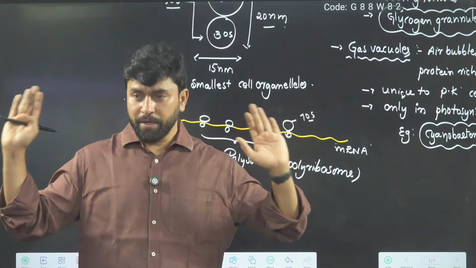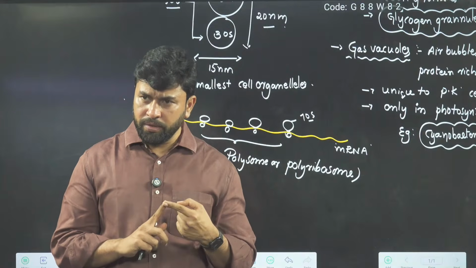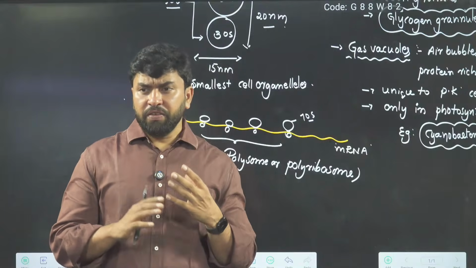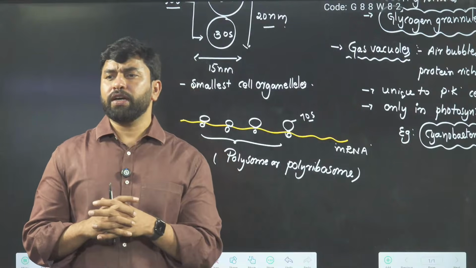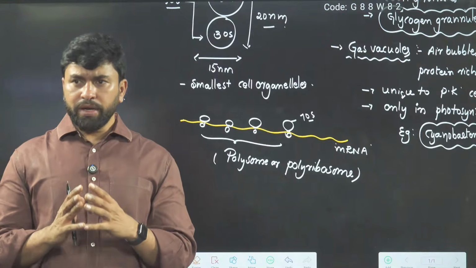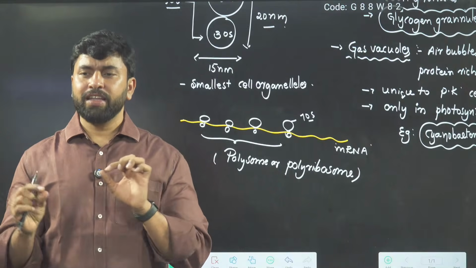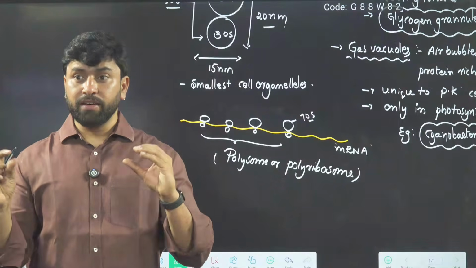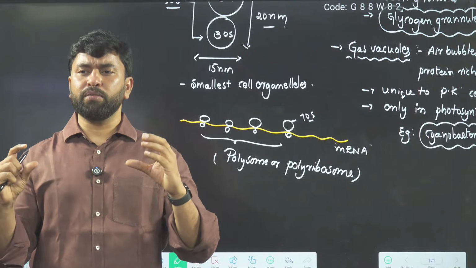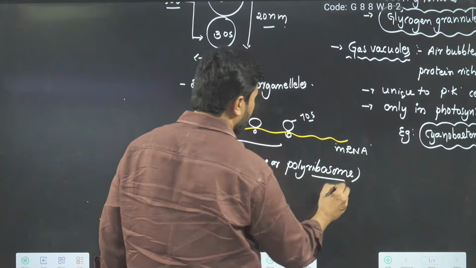You will find 70S ribosomes in the matrix of mitochondria, in the stroma of the chloroplast, and in different places, and they do this work. On one mRNA, several 70S ribosomes attach and are involved in different levels of translation events. Such an arrangement of many ribosomes on a single mRNA is known as polysome or polyribosome.